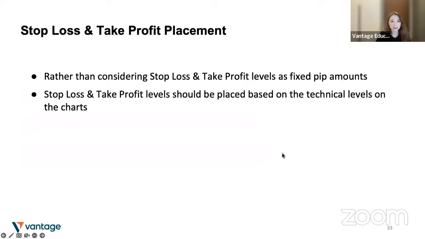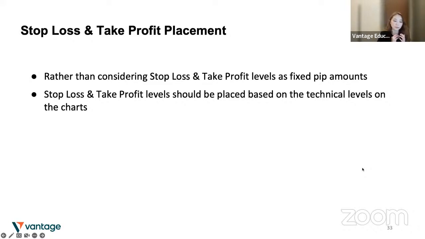So, stop loss and take profit placement. Rather than considering stop loss and take profit levels as fixed pip amounts, they should be placed on technical levels on charts. For example, your higher highs, your lower lows, your resistance and support.